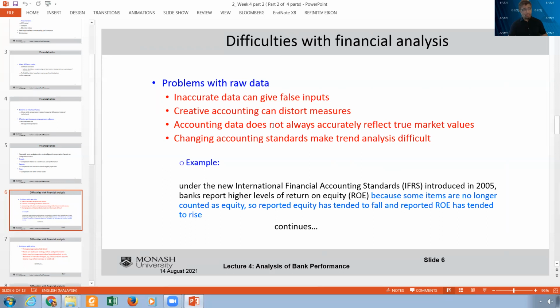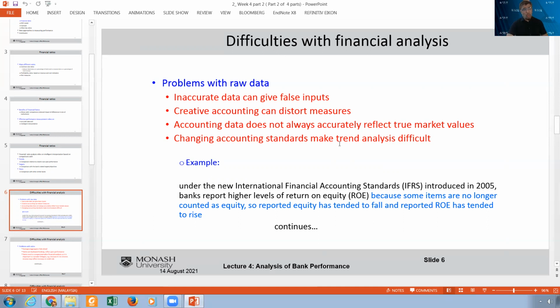You can cook the books and generate all those types of measures that give you a very cosmetic look in your financial statements, but actually, sometimes you do it according to the allowed accounting policies. For example, if you use FIFO, LIFO and the average of the inventory, these inventory policies, you can always manipulate the bottom line. So you have to look at this, and this is one of the problems with data.